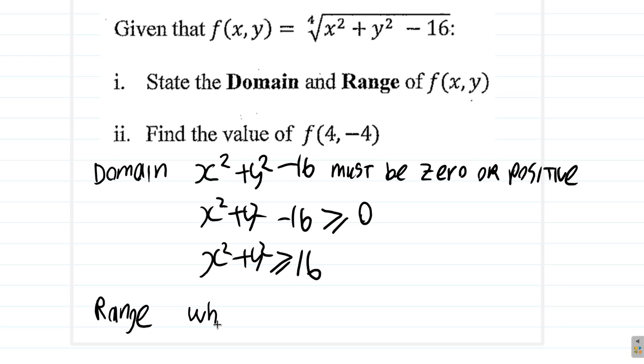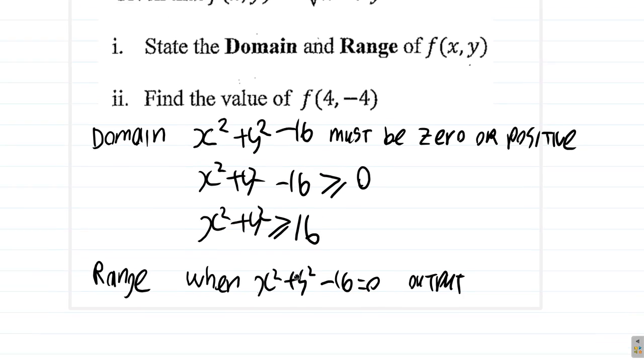Now, when x squared plus y squared minus 16 equals 0, the output... remember the domain is the input, whatever you put in for x, whatever you put in for y. The fact is that x squared plus y squared must be greater than or equal to 16. That's the domain. Now, the range is the output.